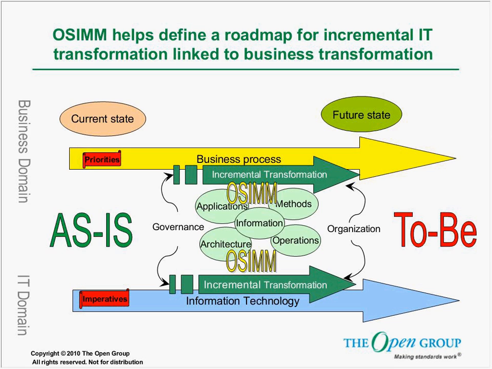And it does this in the context of multiple dimensions. So the application dimension we're all very familiar with. How we actually are going to approach the implementation of these services, whether they be true SOA, internal services, or cloud services. What are the governance mechanisms? What are the methods that we might apply?